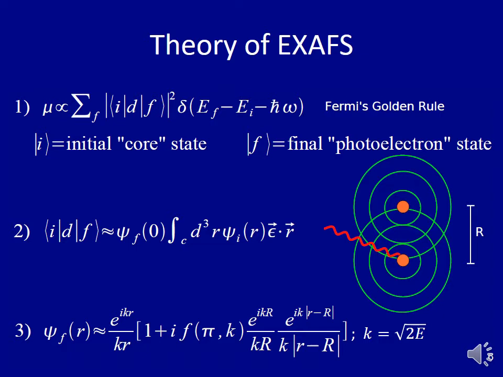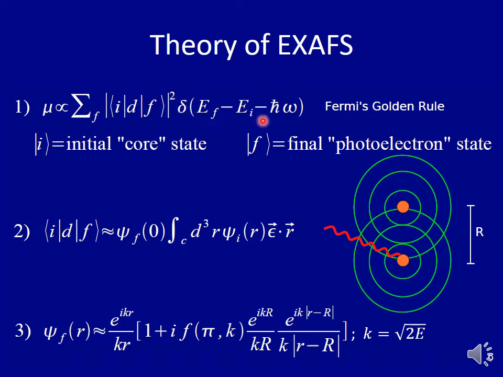We can start with Fermi's golden rule, just saying that the absorption is proportional to a sum over unoccupied states of a transition matrix element, where here D is the transition operator, which represents the interaction between the electrons and the photon, and basically you can interpret this as a photon creating a transition between the core level and some unoccupied level F.